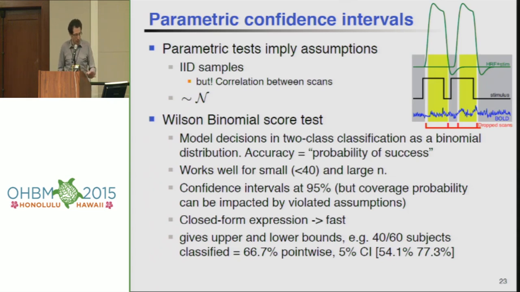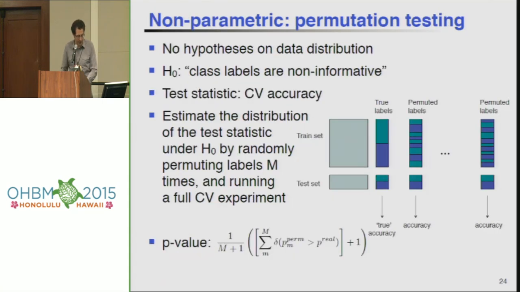However, there are problems with this parametric confidence interval, as Anil was mentioning, and indeed sometimes you don't necessarily meet the IID assumption in your data. So what you can do is a non-parametric version, which is a permutation test. The way this works is you do your analysis once, you get one accuracy, and then you do it a bunch of times, let's say 1,000 times, by randomly shuffling the labels and computing the accuracies.